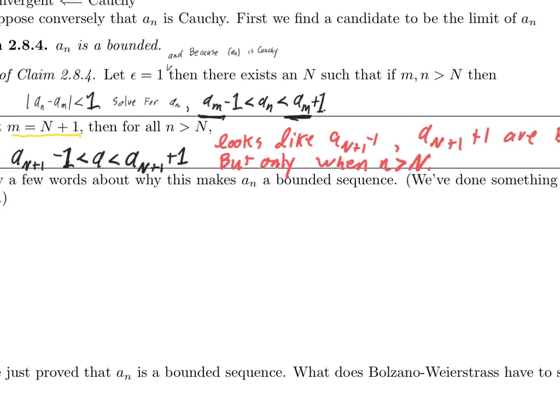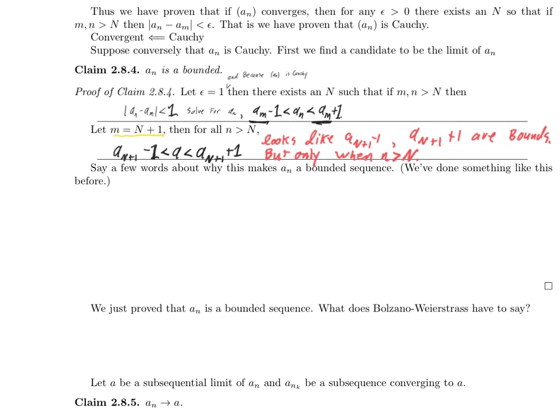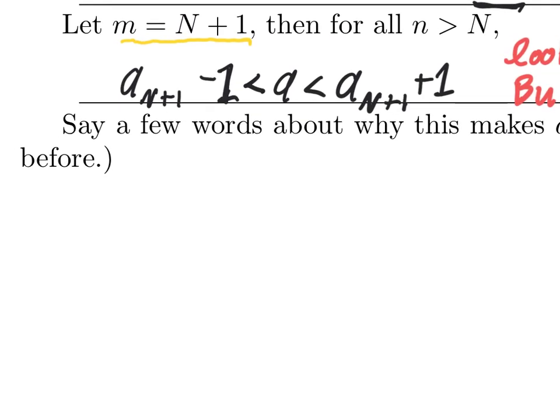It only gives us these bounds when little n is bigger than big N, which isn't what it means to be bounded. To be bounded, you need to have some bounds that apply for every choice of n, but how many natural numbers are less than big N? Well, finitely many. Finite sets are bounded. So let's just wrap this up. This will seem pretty familiar, I hope.